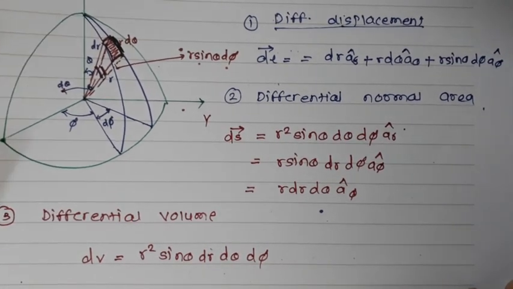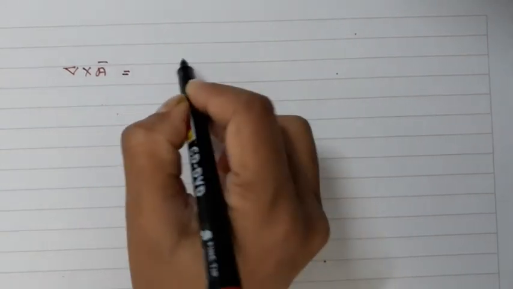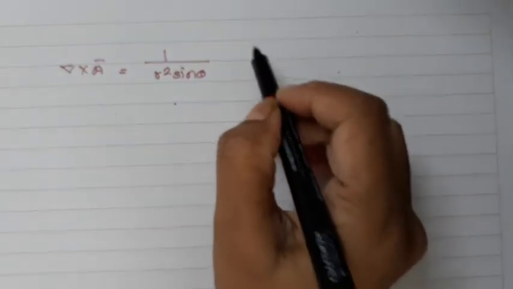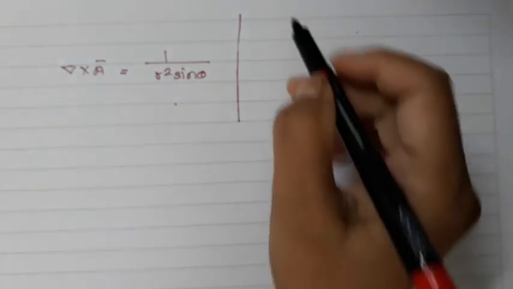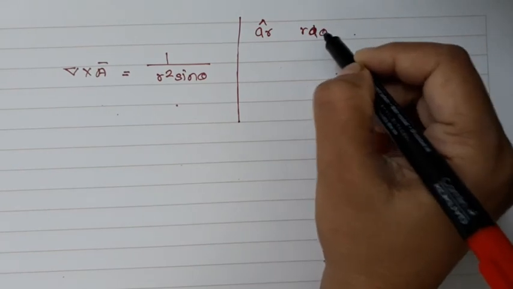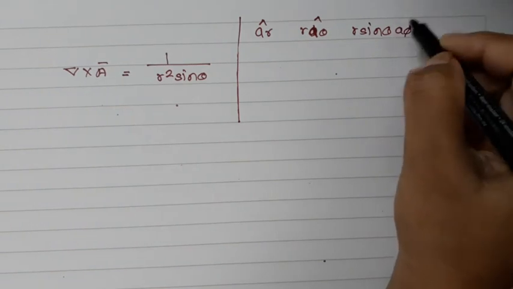Now the next one, as we are talking about vectors, is that let us say I have a vector potential A. How to take the curl of that vector potential? Whenever we are going to analyze an antenna, we need this. The curl of that vector potential will be given like this: 1 over r squared sin theta, and in this matrix you will write a_r, r a_theta, r sin theta a_phi.